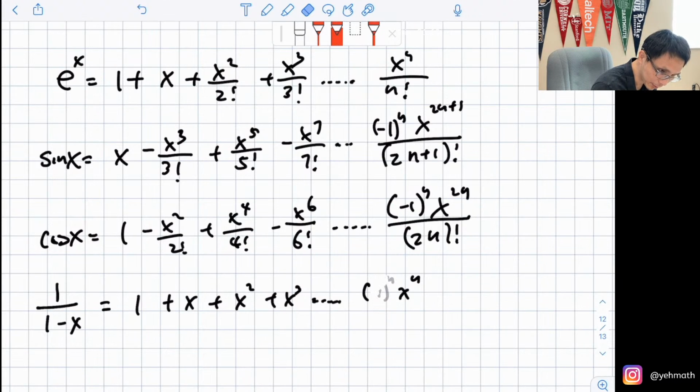Oh no, sorry, this one is just x to the n. This is using geometric series, right? Okay, so questions from here? We could solve all of these if need be, and all those can be done using Taylor series.